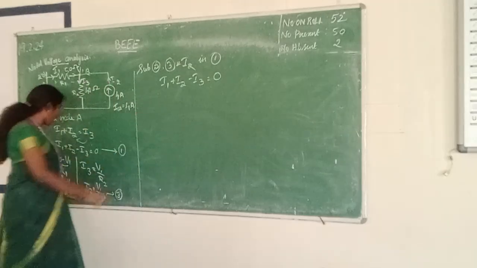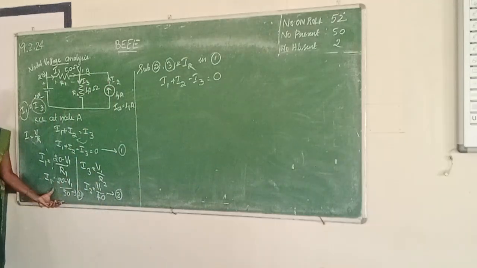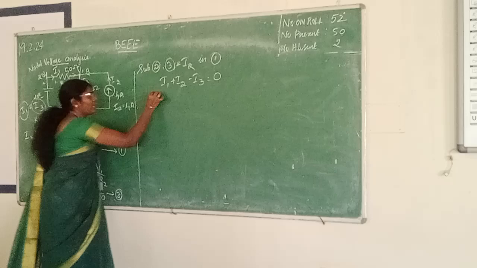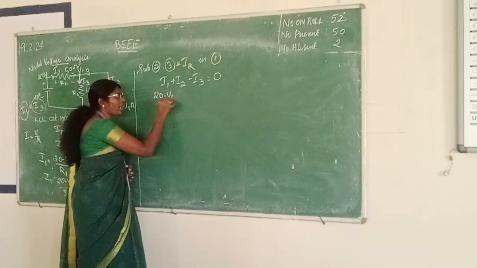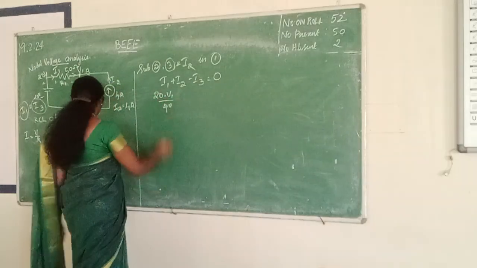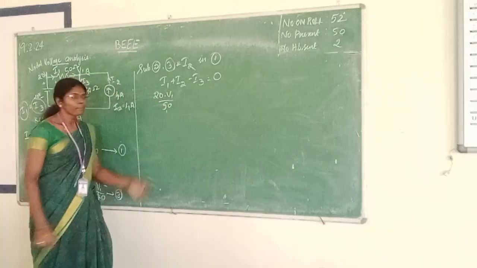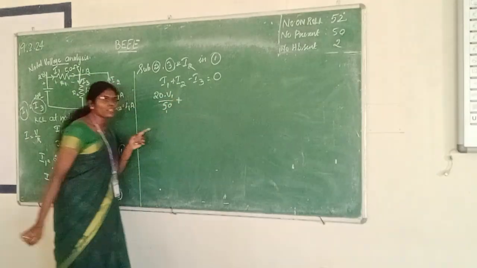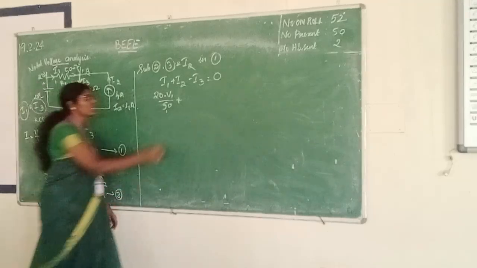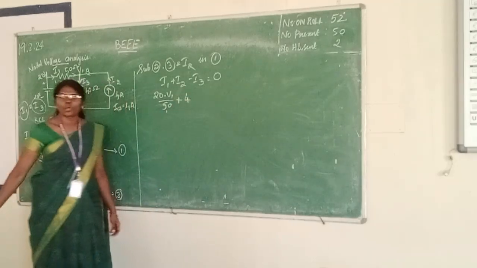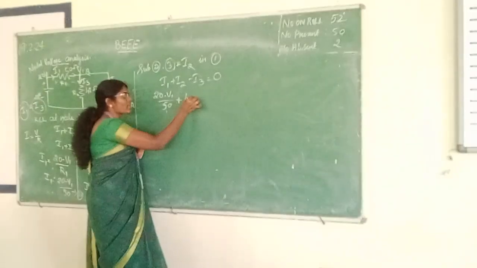And what is the value for I1 which is present in equation 2? That is 20 minus V1 by the resistance 50 ohm. Next, what is the current I2 which is given in the question itself? That is 4 amps. Just apply it as 4 amps. And next, what is the current I3?